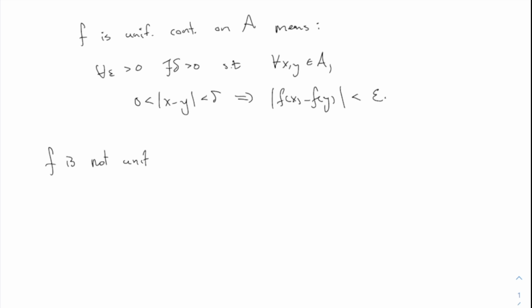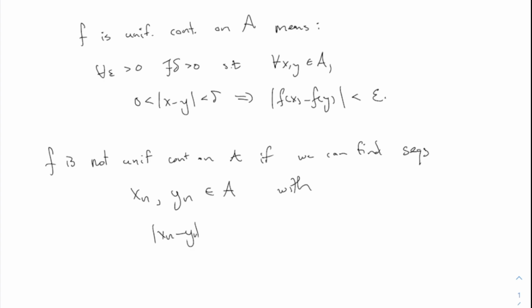The typical way to do this would be using sequences. f is not uniformly continuous on A if we can find sequences xn and yn, both of which are always in A, with xn minus yn approaching 0, but f of xn minus f of yn not approaching 0.